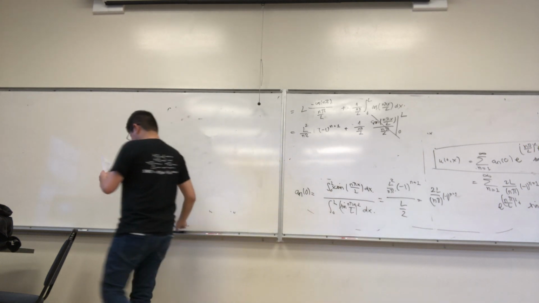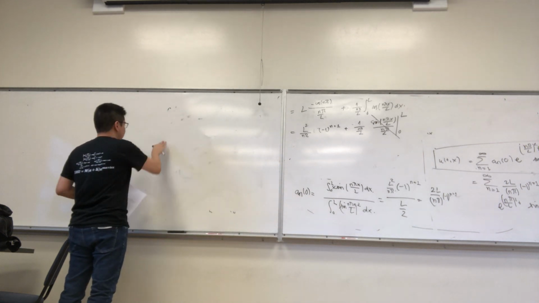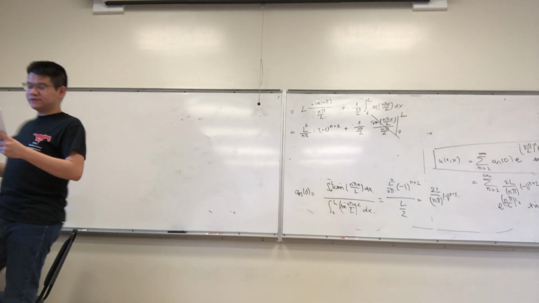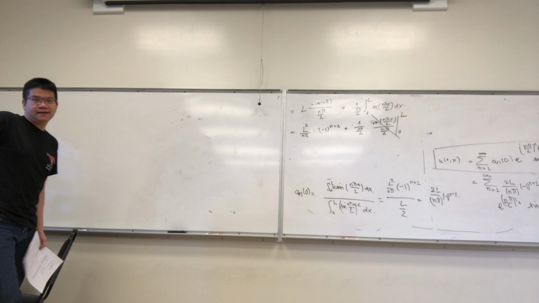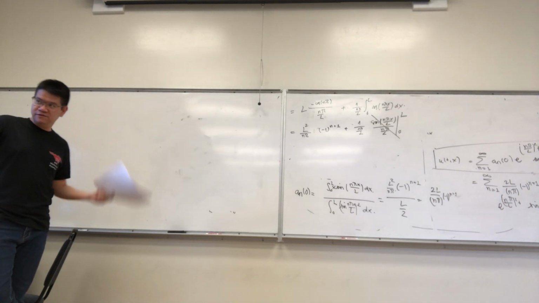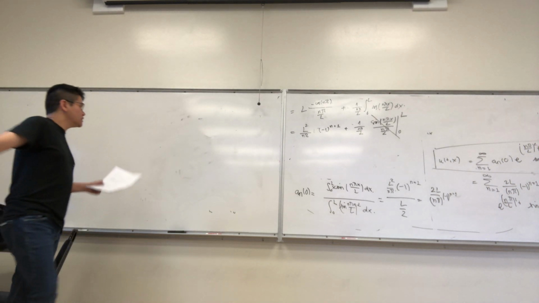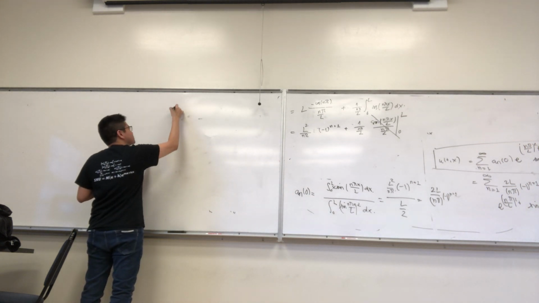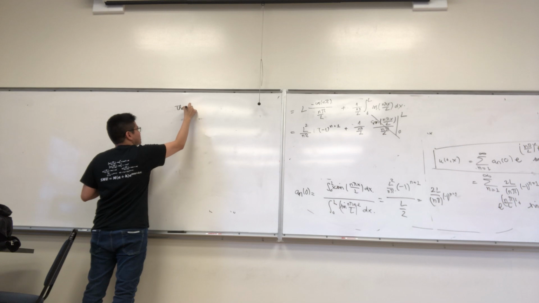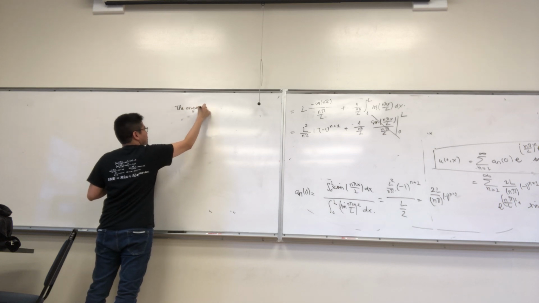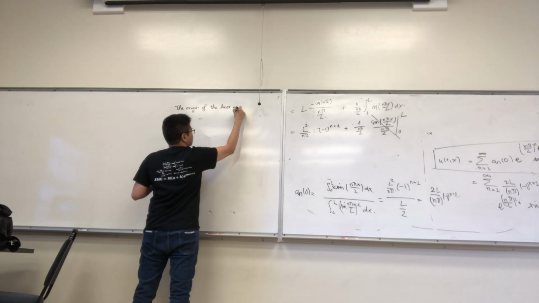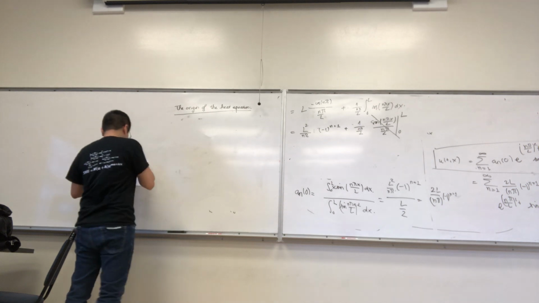All right, so now let us try to understand what is going on. So where is the equation coming from? Now let us consider the origin of the diffusion equation.